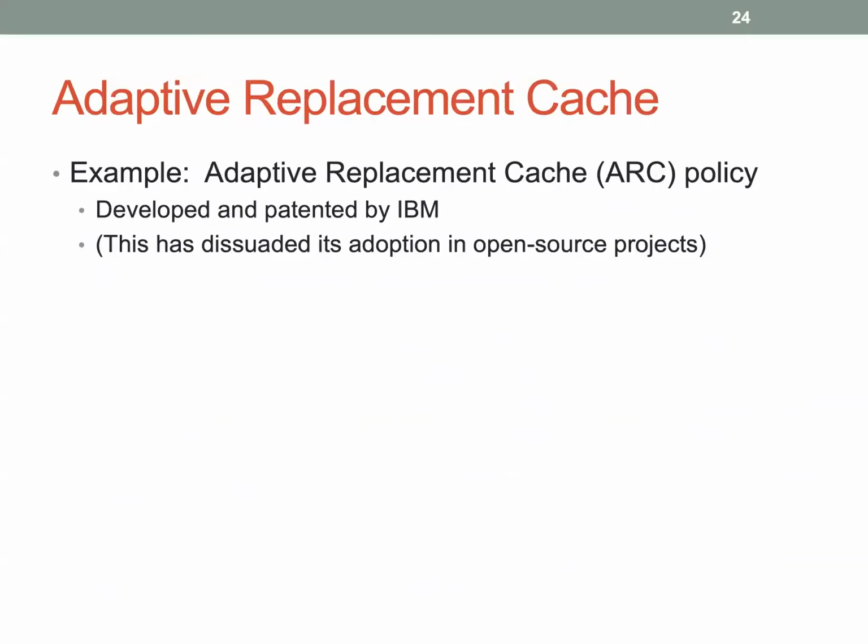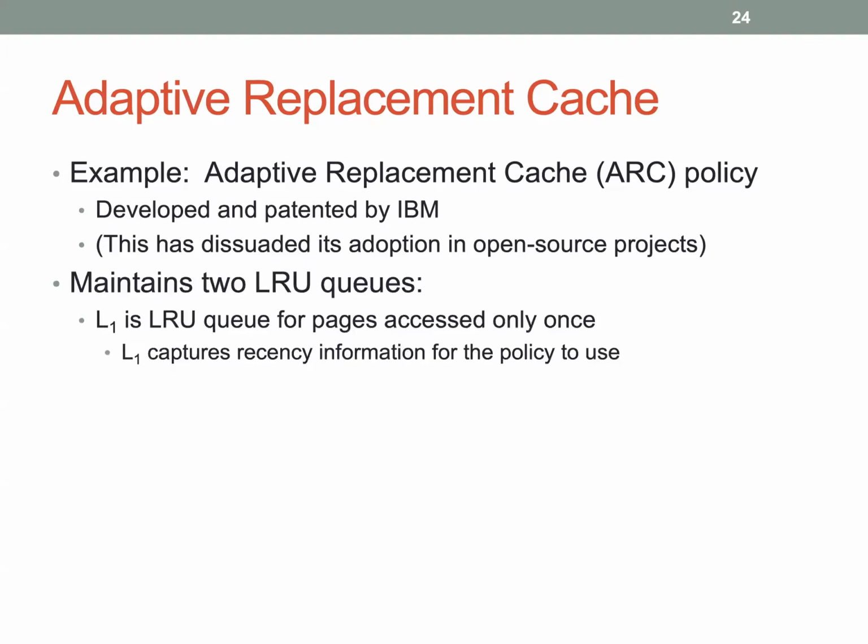And this gives rise to one of the coolest adaptive policies, and I'll just present it to you so that you can think about it. Currently, the patent is held by IBM, which is dissuading a lot of people from using it in open source software for understandable reasons, but you'll oftentimes hear it abbreviated ARC. So ARC has two LRU queues. On one side is LRU1, so L1, and that means the page has only been accessed once.